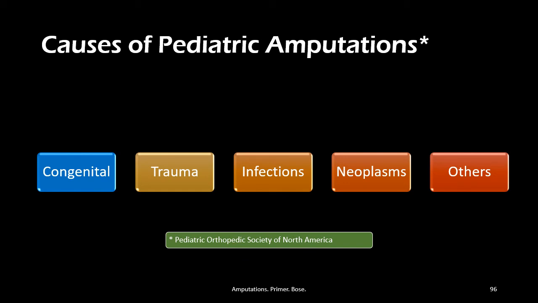The etiology of amputations in children is quite different than that of adults. The predominant cause in children is that of congenital malformations. Trauma is the next, and then infections and cancers.